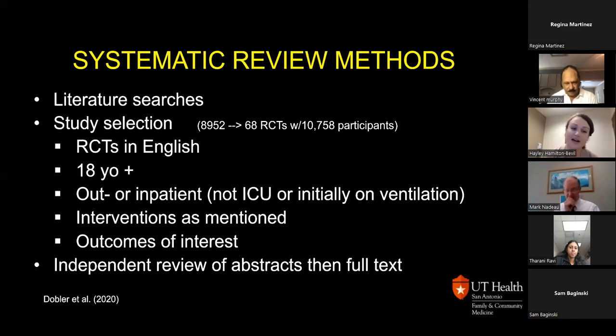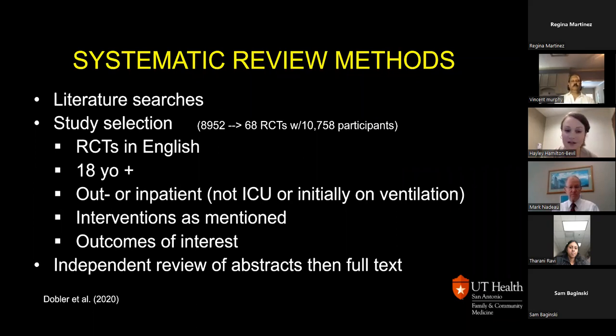They described how they selected studies, like what the inclusion criteria were for the almost 9,000 citations they looked at. They narrowed it down to 68 randomized controlled trials with almost 11,000 participants. So that's pretty impressive. They limited it to adults and studies published in English.